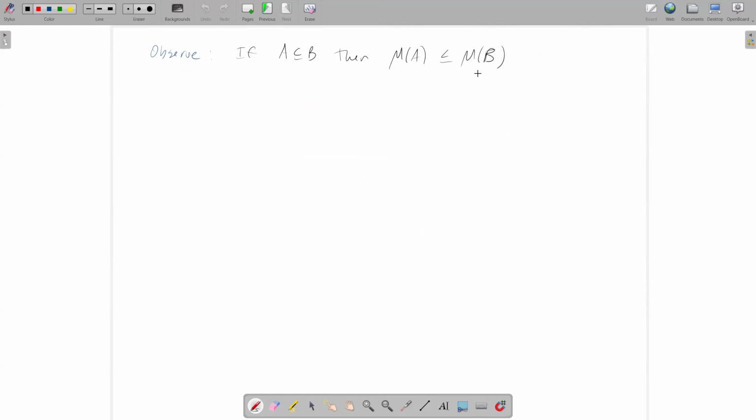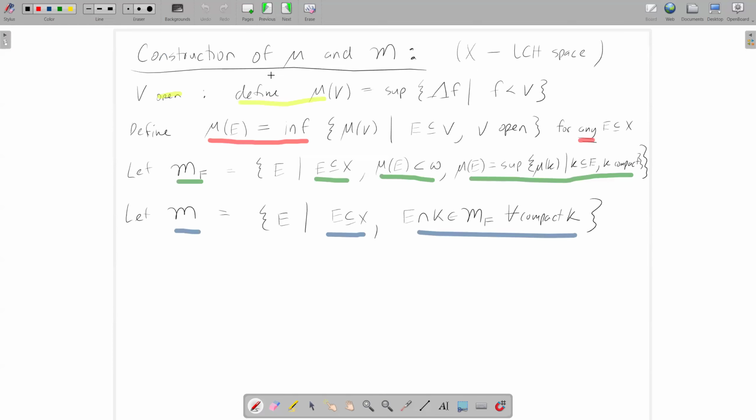Now, if the measure of E is equal to 0, let's look at this. So let's say the measure of E is equal to zero, right?